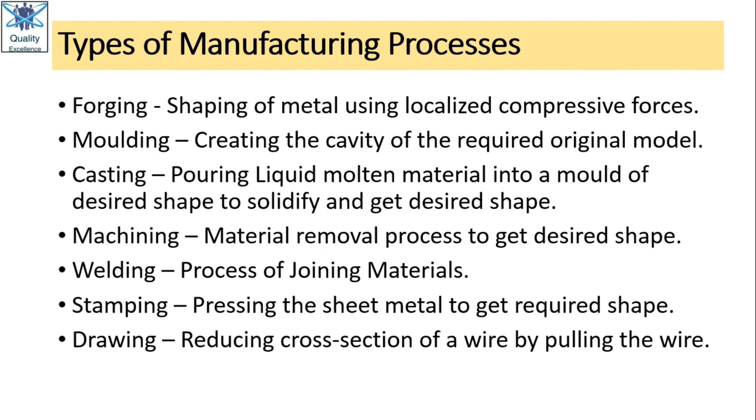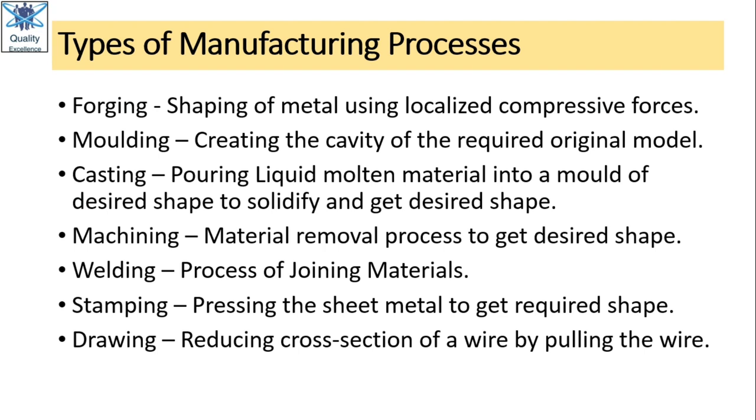Forging is one of the manufacturing processes, which is shaping of metal using localized compressive forces. Molding is creating the cavity of the required original model or component or part.